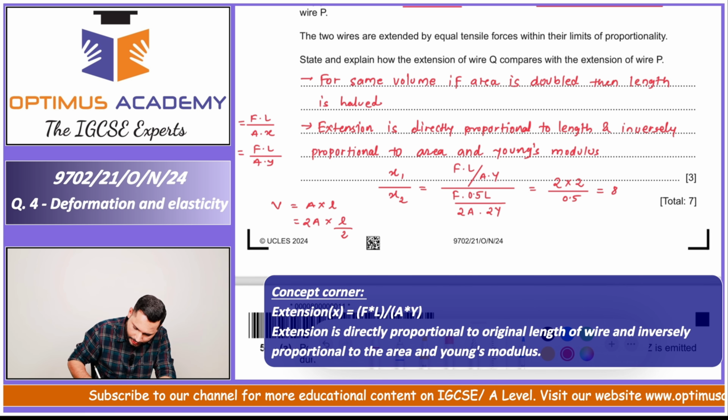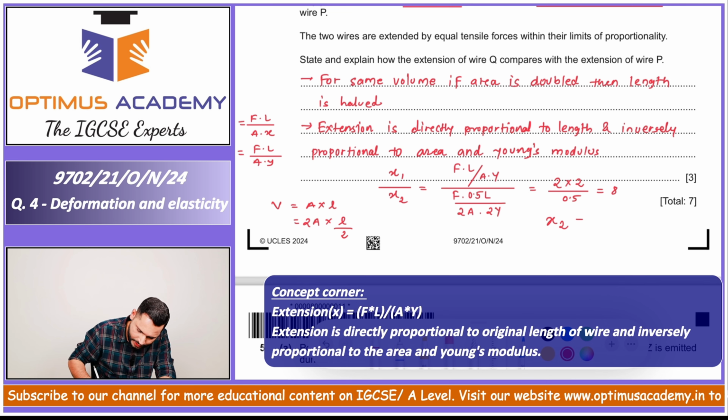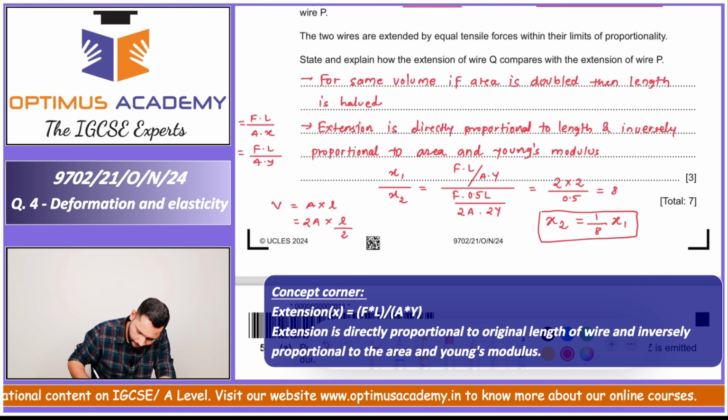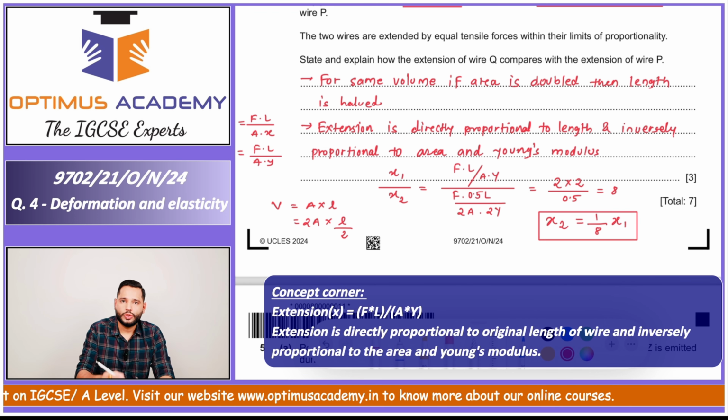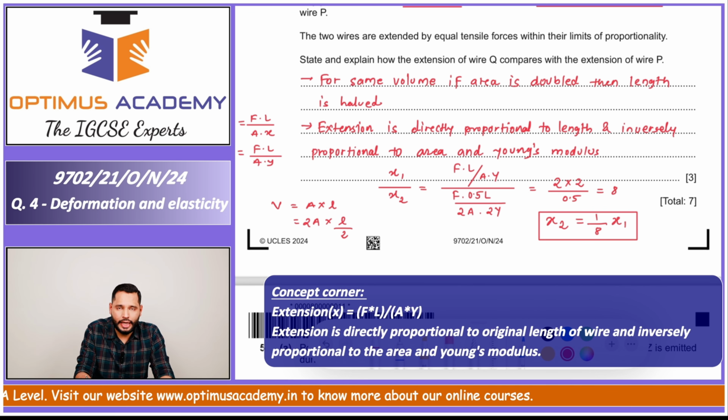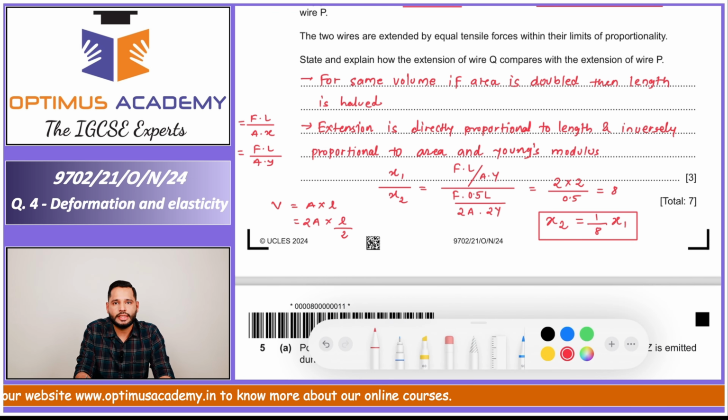What that means, in the second wire, the extension will be 1 divided by 8 times that of the first wire. So if length is halved, area is doubled, and the Young's modulus is also doubled, the extension in the second wire will be 1 divided by 8 times the extension in the first wire.